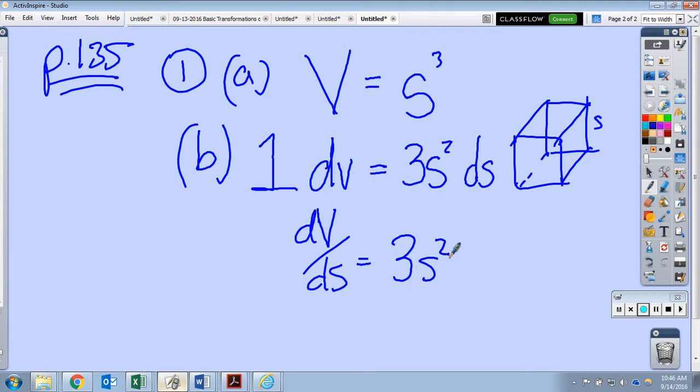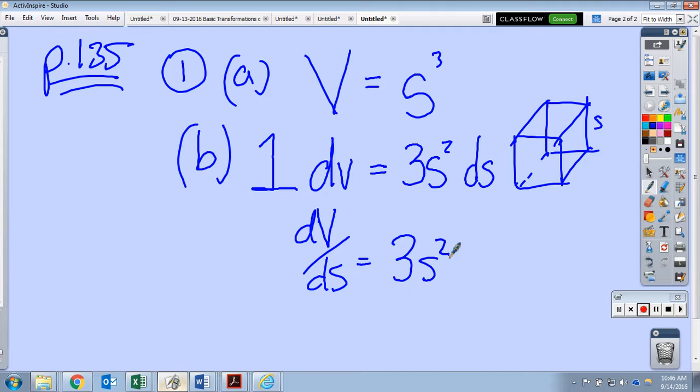So this is the instantaneous rate of change of the volume with respect to a side S. So we can see how the volume is changing, say, at 1 second, at 2 seconds, at 3 seconds, and so forth. So logically, as time goes on, the rate of change of the volume is increasing.